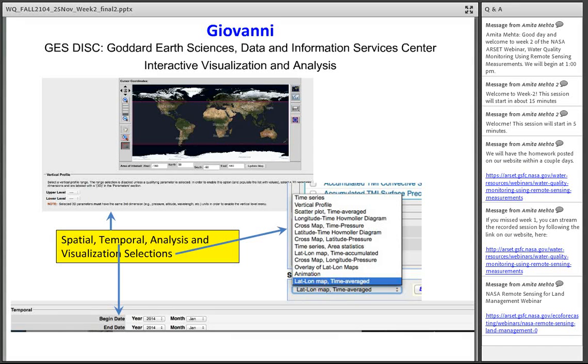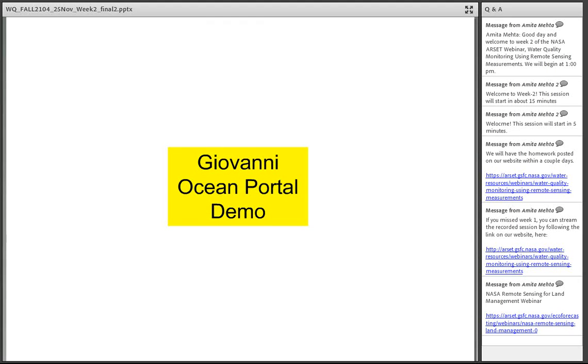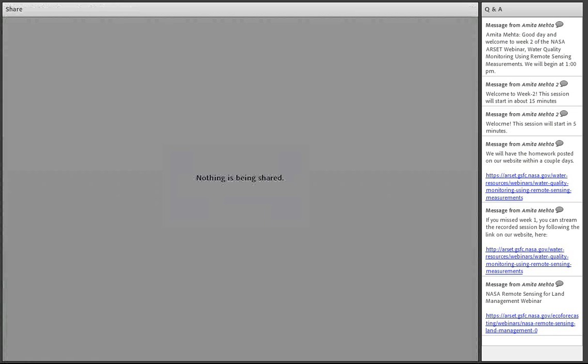We will see an example soon. Images can be animated to see how water quality is changing. So all these options are available. Giovanni also allows downloading of data. So again, I would like to share my screen with you and show Giovanni.